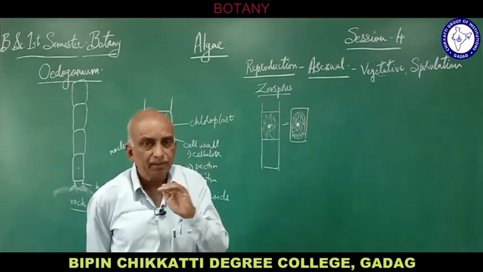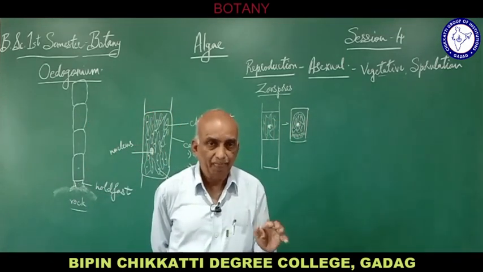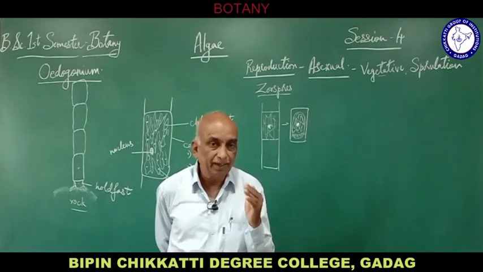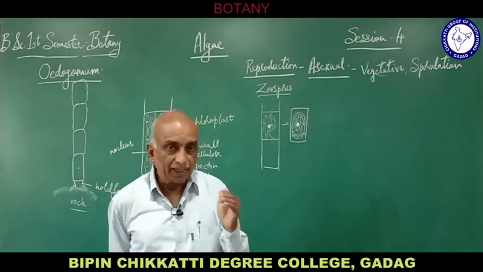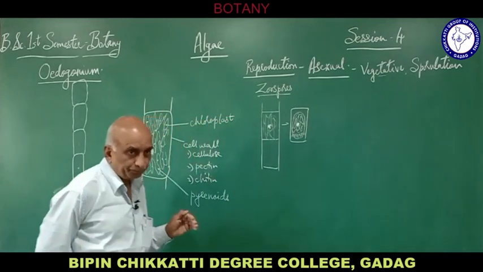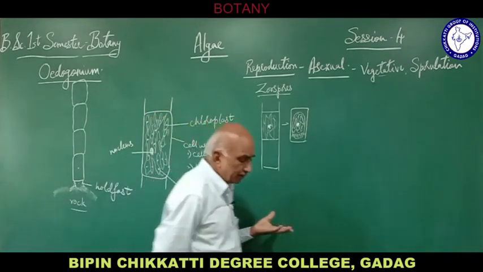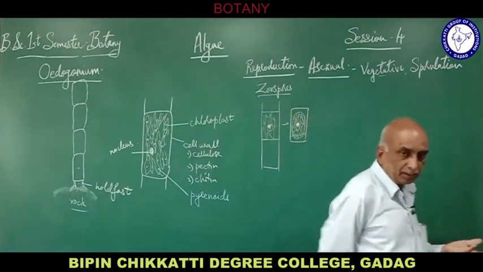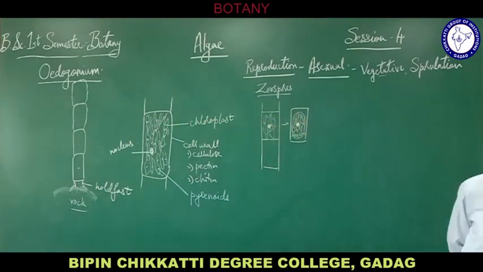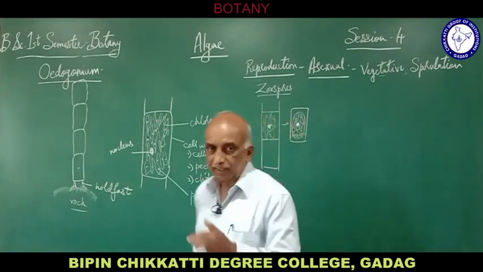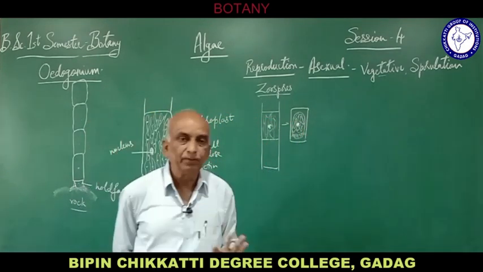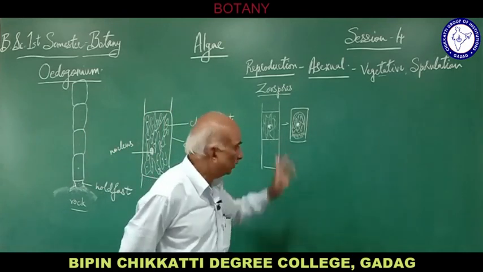That reserve food material is stored, and then the cell membrane withdraws from the cell wall and forms a clear zone at one end, where certain granules accumulate or become arranged. These granules are actually the blepharoplasts. They develop into blepharoplasts which produce the flagella. Like that a ring of flagella is produced.